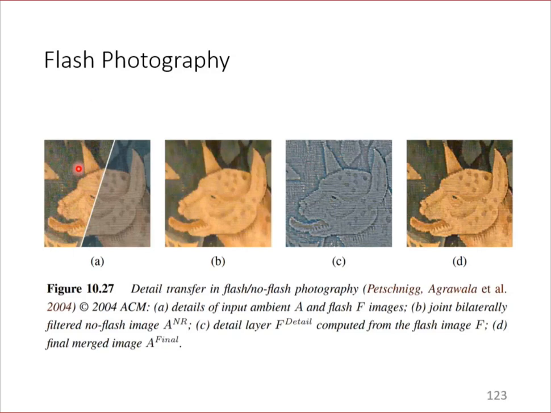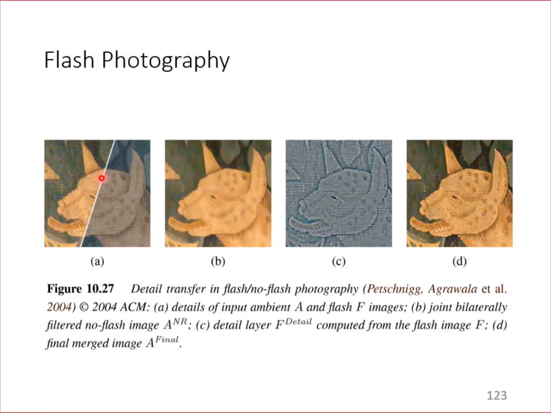So this is noisy, but the color is good. The color is not accurate in the flash image, but the edge looks good. So we want to combine the two images together to generate a new image. This is a part of computational photography.